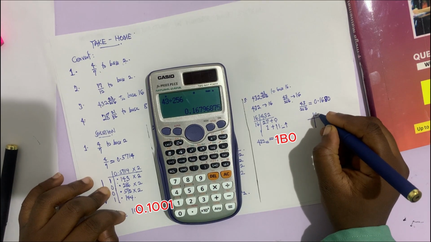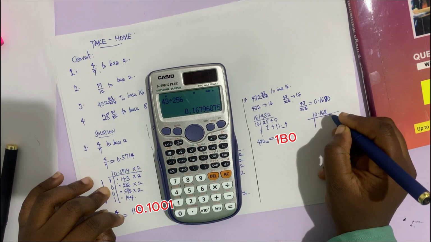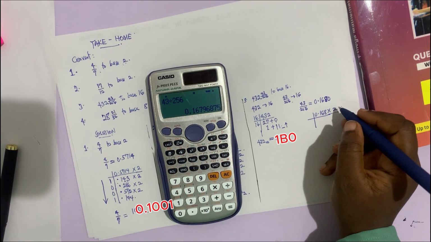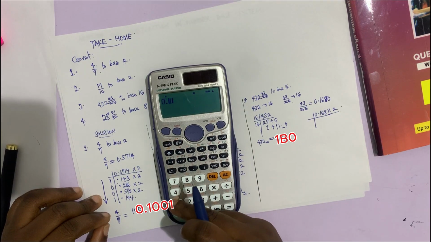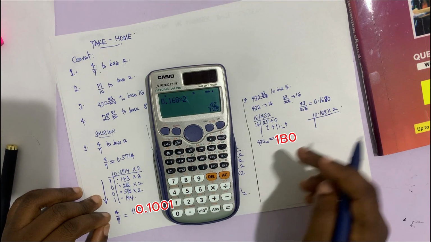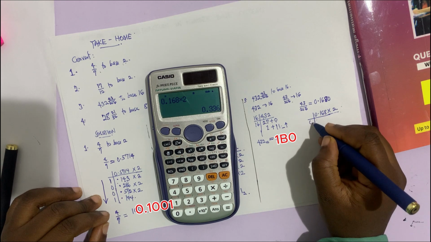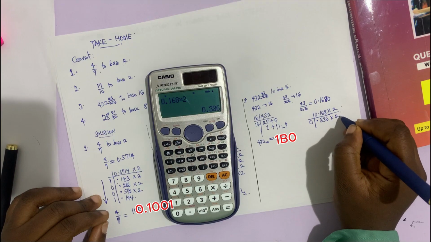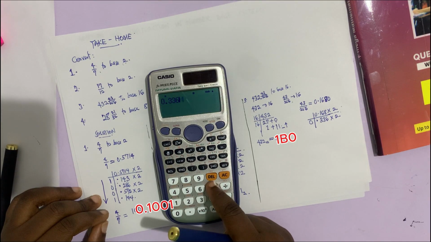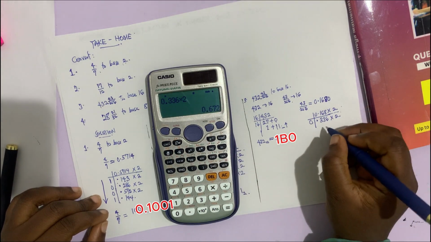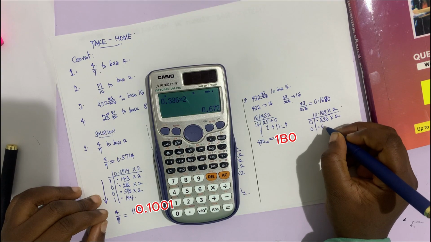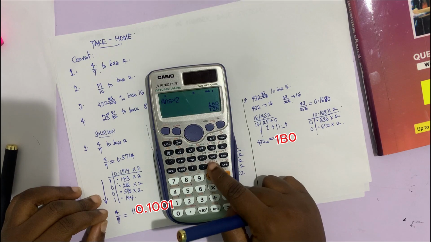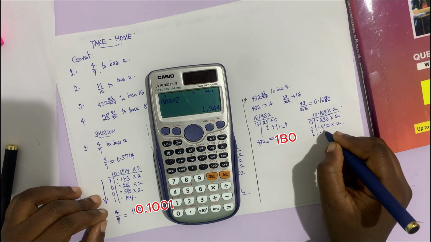So 0.168 times 2 would give us 0.336, times 2 again would give us 0.672, times 2 again would give us 1.344.